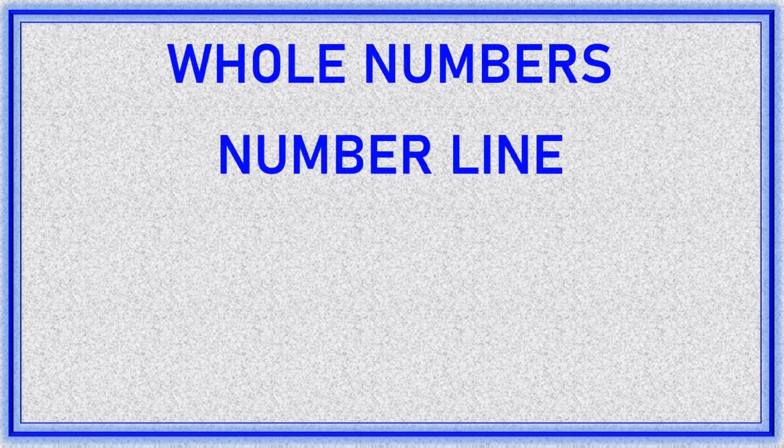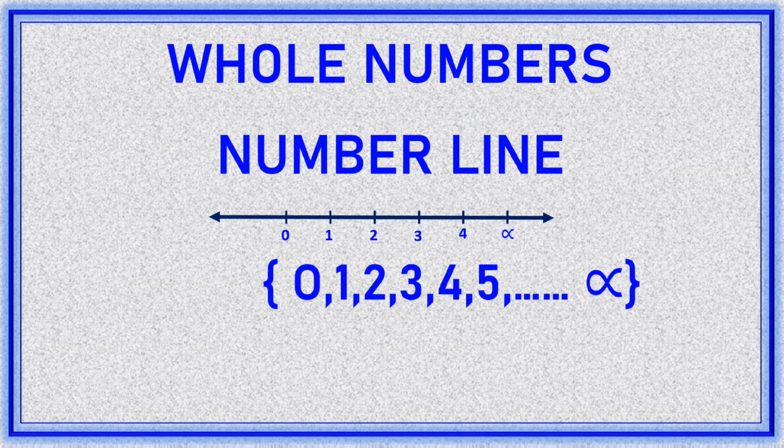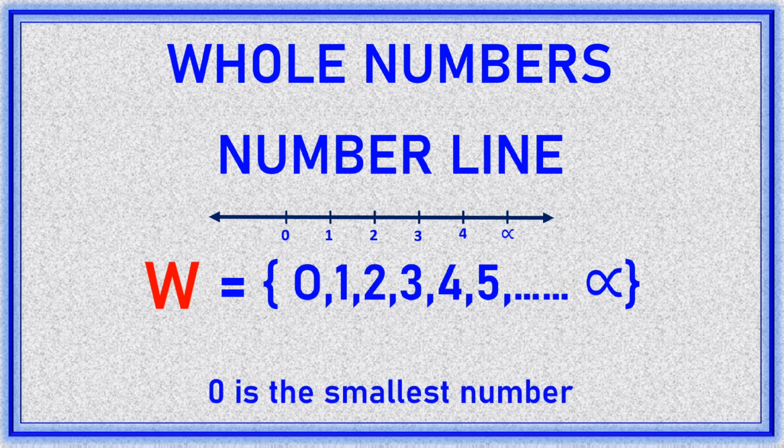Whole numbers on the number line: 0, 1, 2, 3, 4 and so on to infinity. W is denoted for whole numbers. 0 is the smallest number. The biggest number is endless, so it is denoted as infinity.